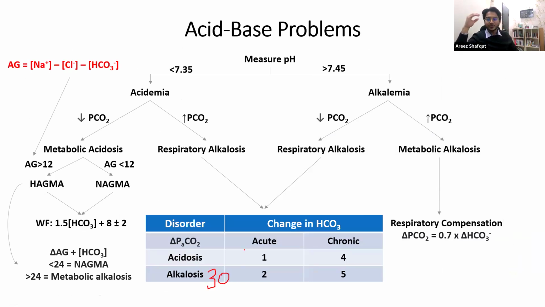What makes sense to you should be the compensation for this patient? He has respiratory alkalosis, so the bicarbonate should decrease because the body wants to decrease the blood pH. How the body will do this is by getting rid of the bicarbonate. So if you go for the chronic measurement here, his bicarbonate should decrease by 5. So if you're going from 24, it should be 19.